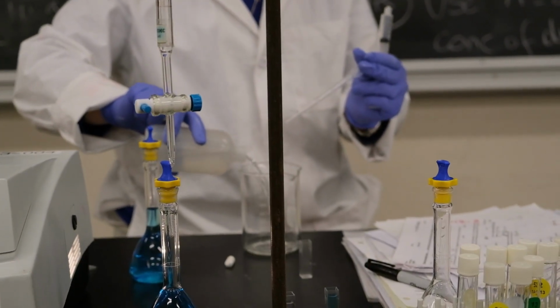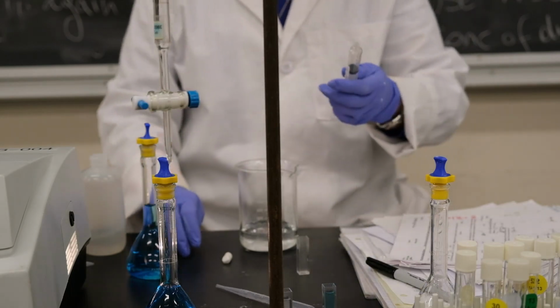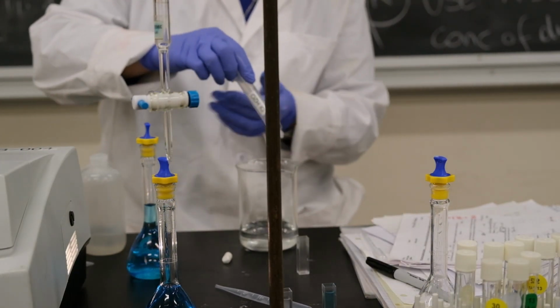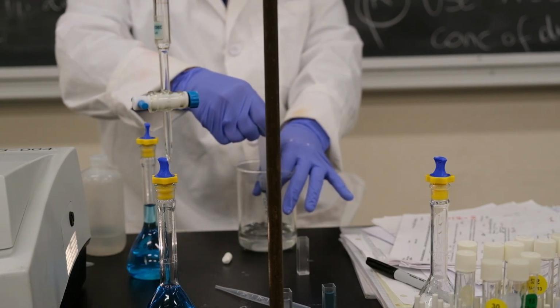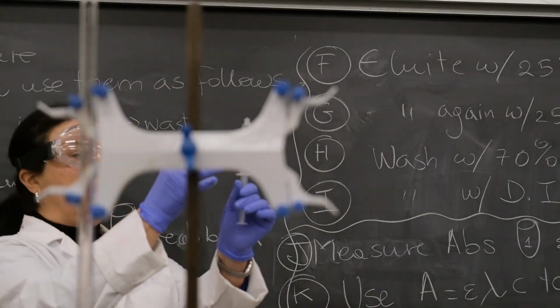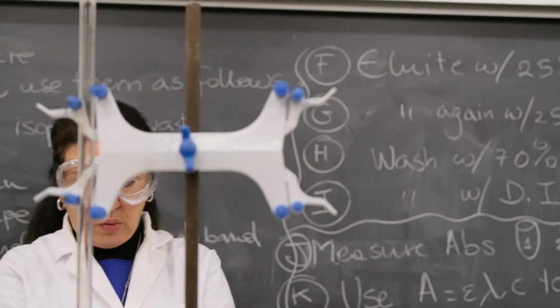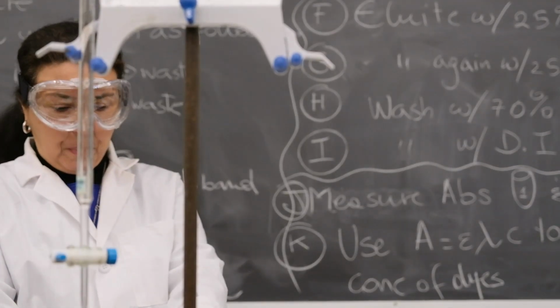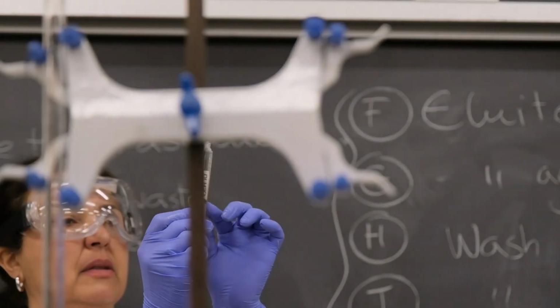You're going to have 5 containers that you're sharing with your classmates. And you're collecting the solvent, whatever you're going to use. Right now I'm using water. You flick so that you don't have any bubbles. And then you push the piston so that you go to 10 milliliters, okay?